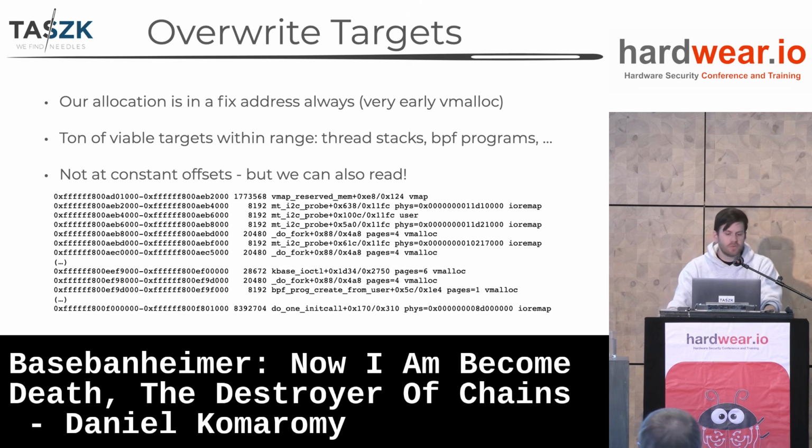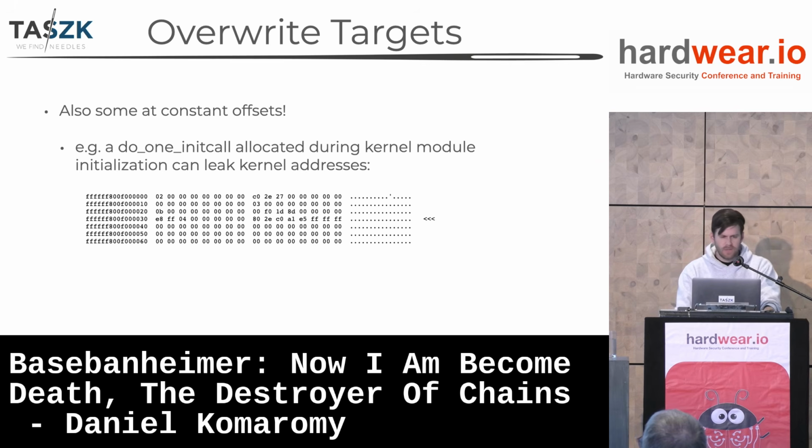Within that 32-bit range, not always at constant offsets, but remember we can read as well, so we can scan. There are always very rich targets because of the seccomp filters, tons of BPF programs, and all kinds of stacks for different threads, user-based threads and kworkers and things like this. Basically just replicating the ideas that, for example, he talks about in his blog. You can win.